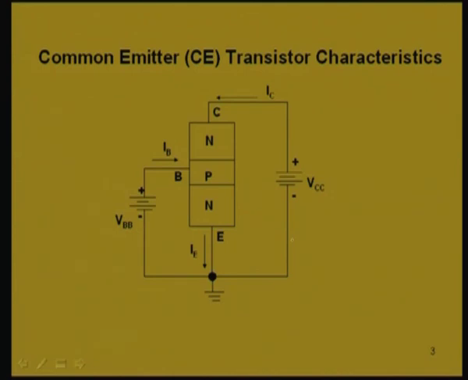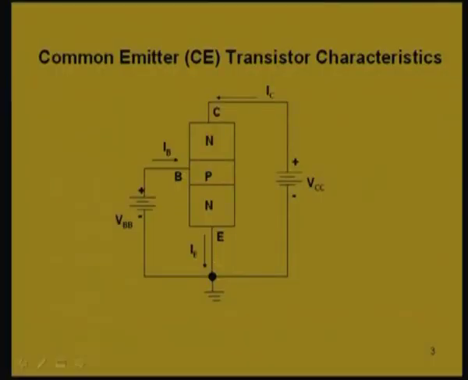In order to plot a characteristic curve, we must vary the input voltage to see the effect on the input current. Here we will be varying the base emitter voltage and plotting the input current, which is IB, for different VCE, to see what happens in the input characteristic.